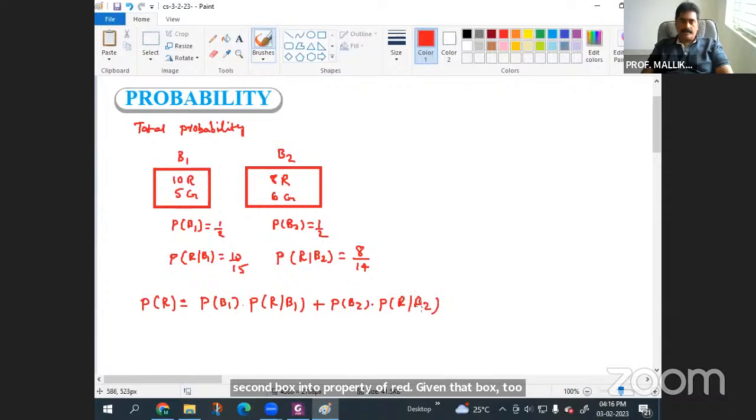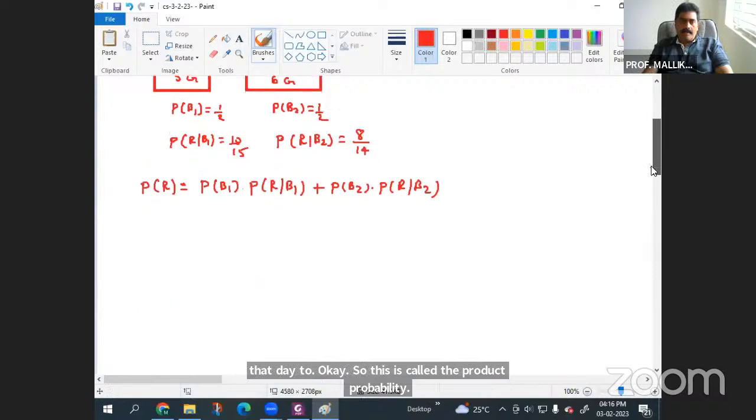So probability of red equals probability of B1 into probability of red given B1, plus probability of B2 into probability of red given B2. This is called the total probability. We can substitute the values.